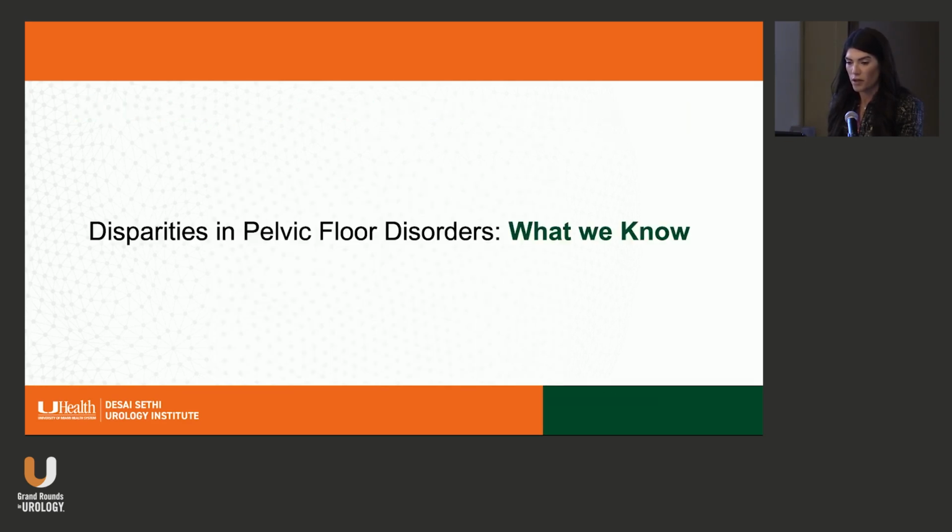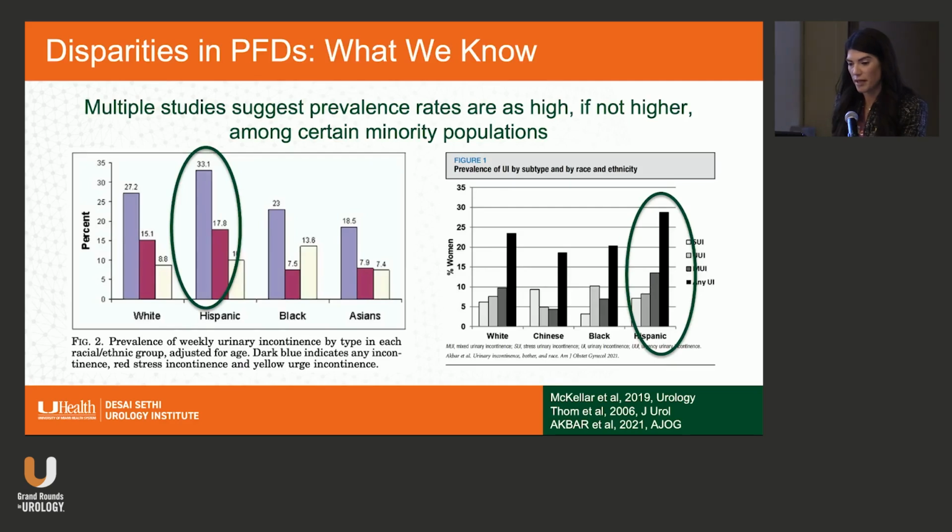So what do we know about disparities in pelvic floor disorders right now? There have been multiple studies to suggest that the prevalence rates are as high, if not higher, among certain minority populations. Particularly, this is an example of a Hispanic population that's pertinent for South Florida, which we'll talk about in our research with that population.